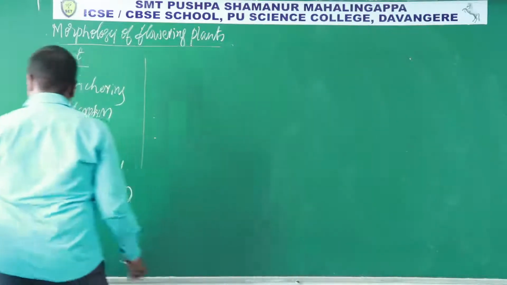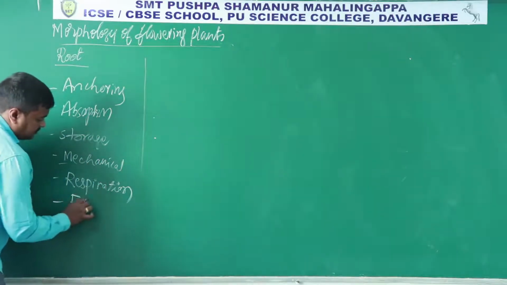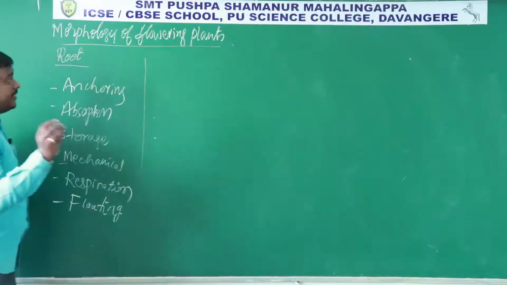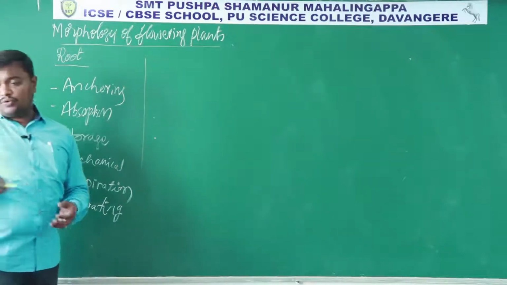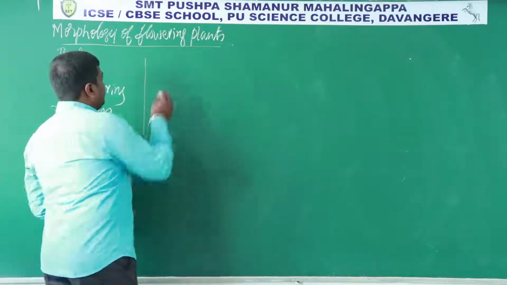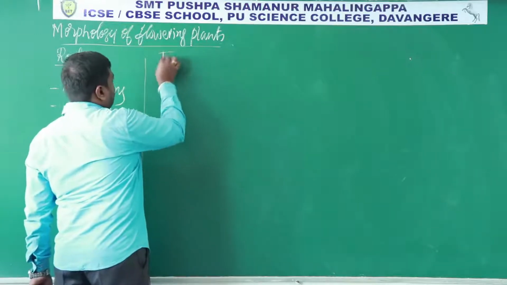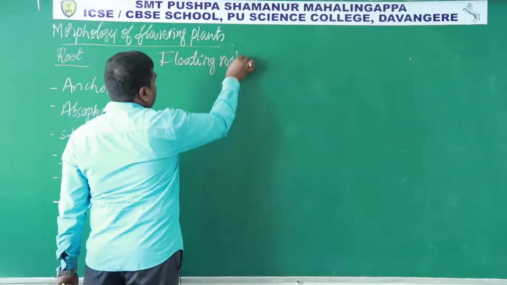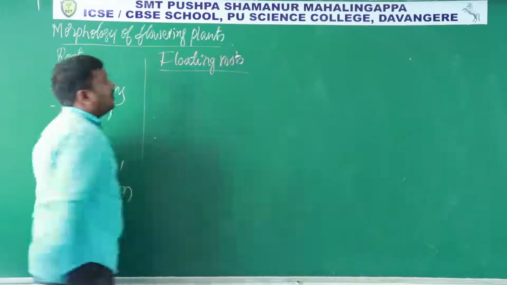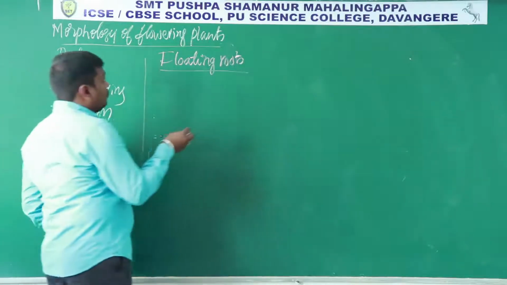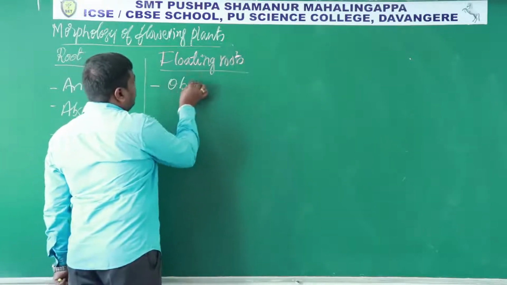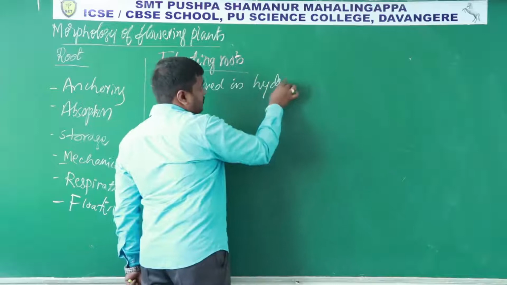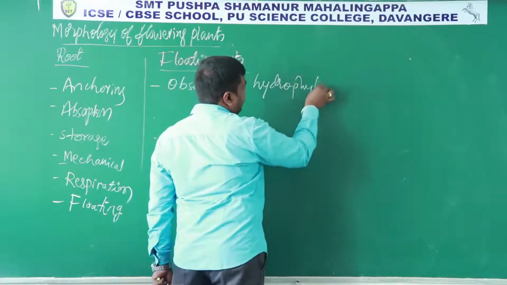Okay, so the next function is floating. These floating root types are observed in hydrophytes. Hydro means water, phyte means plant, PHYT.